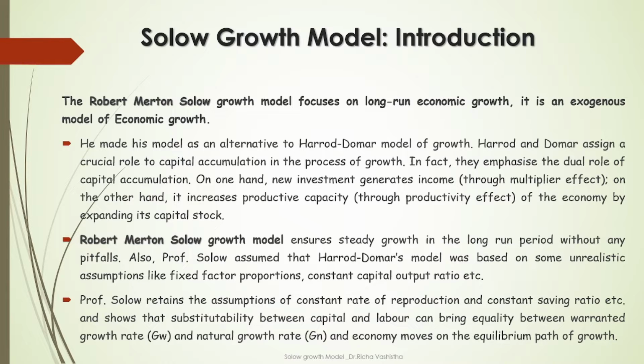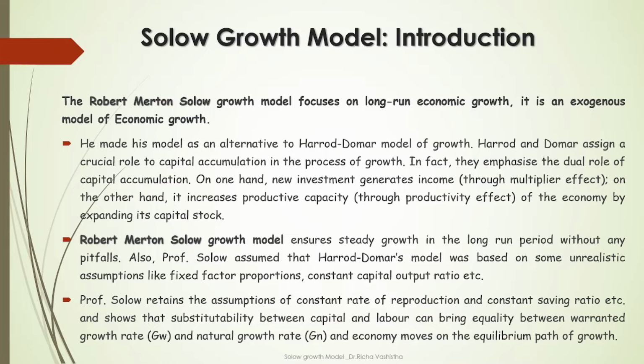This model was an alternative, or we can say an extension, to the Harrod Domar model of growth. The Harrod Domar model was a very well known model of growth, and that model assigned a crucial role to capital accumulation. They emphasized the dual role of capital accumulation.